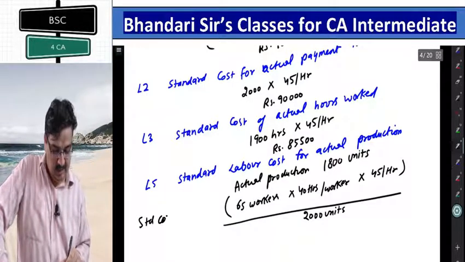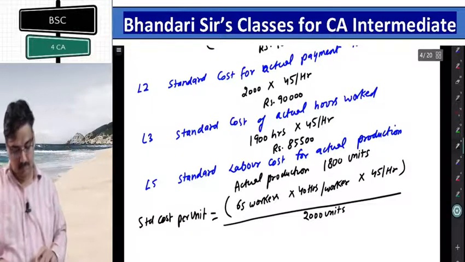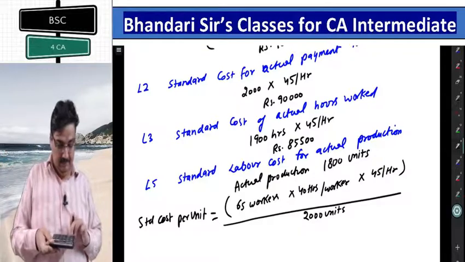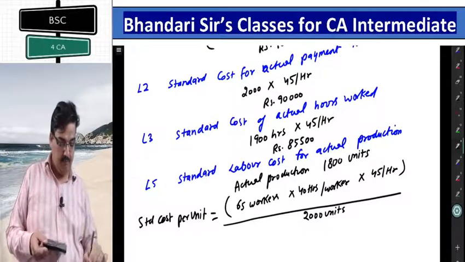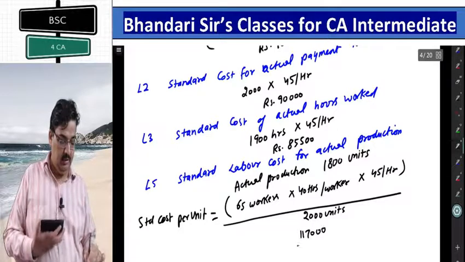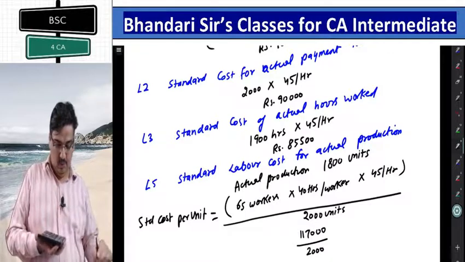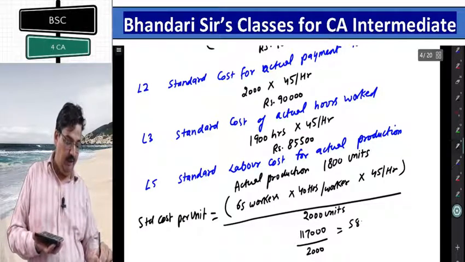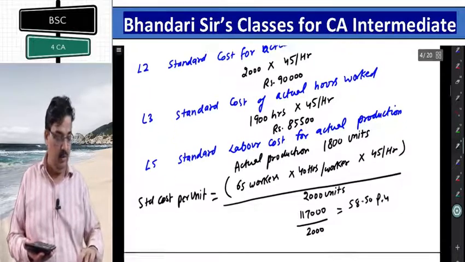This is the standard cost per unit. So 65 into 40 into 45, 1,17,000 divided by 2000. So per unit 58.50, multiplied by 1800 units.